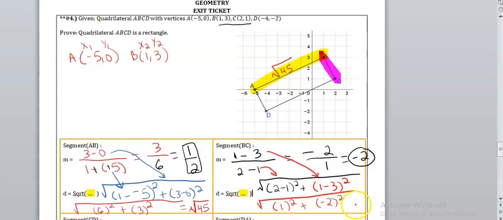So 1 plus 4 is 5, so your square root will be the square root of 5. So this side will have a radical of 5. When you do the other sides, the opposite side will also be radical 45 since they are equal, and the remaining side will also be radical 5.